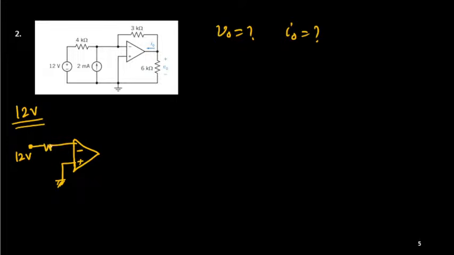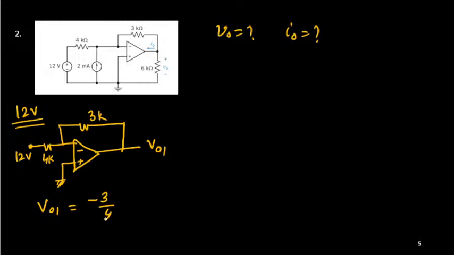Okay, this is your 4K and this feedback resistance is there, that is your 3K. So what is V0? That I will call V01. So V01 is very simple. How much is it? Minus 3 by 4, this is the gain, multiplied by the voltage. The supply voltage is 12.